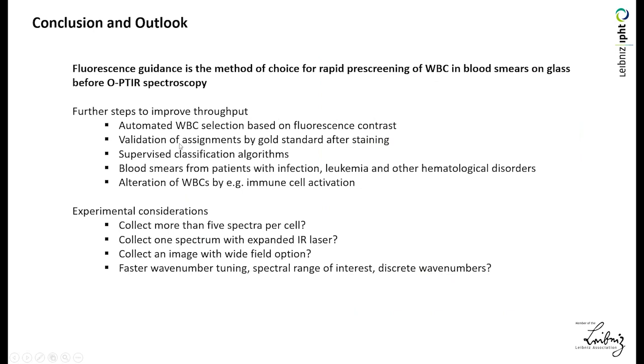Of course, the assignments need to be validated by a gold standard, and the gold standard is still the staining procedure. So we stain the cells after the experiments, and then a microscopic inspection is also needed. And then if we have confirmed a sufficient number of cells, then we will start to train a supervised classification algorithm.